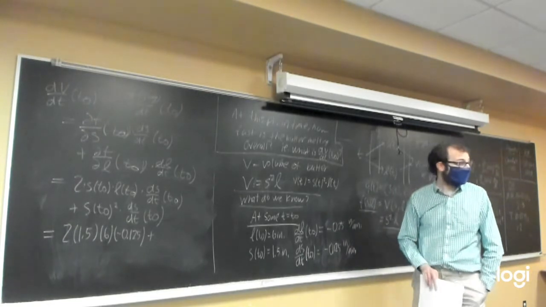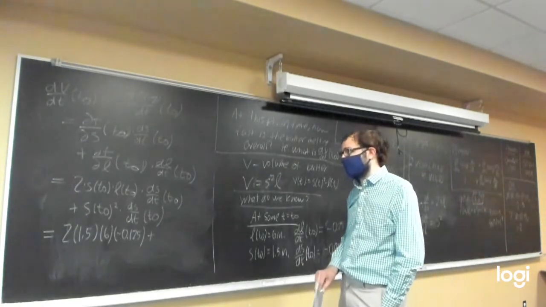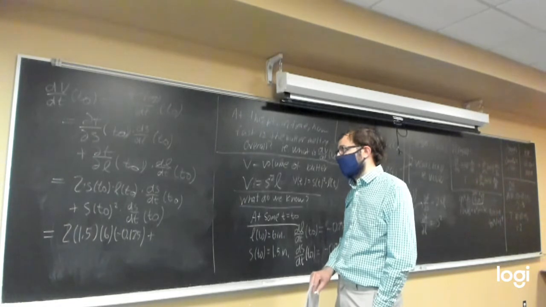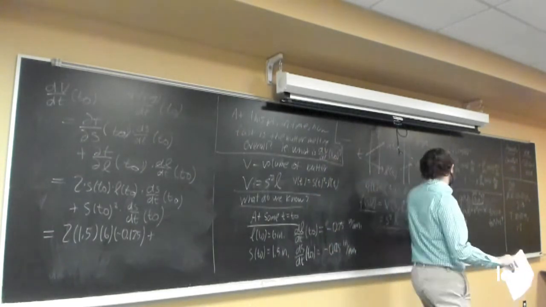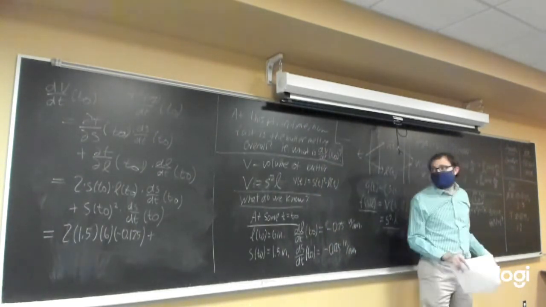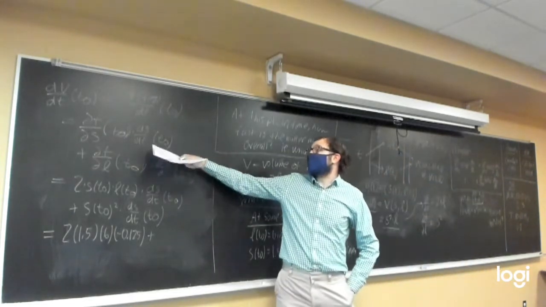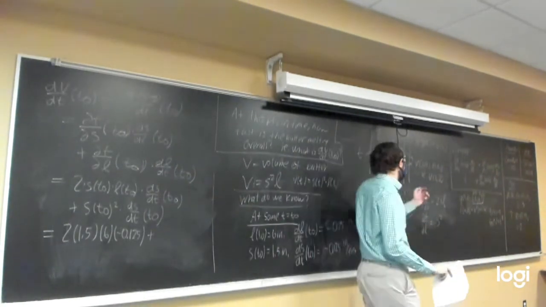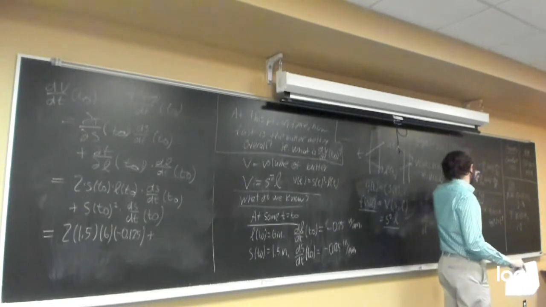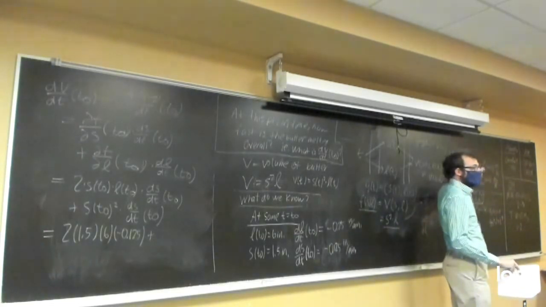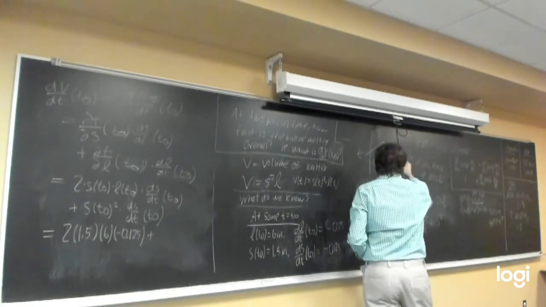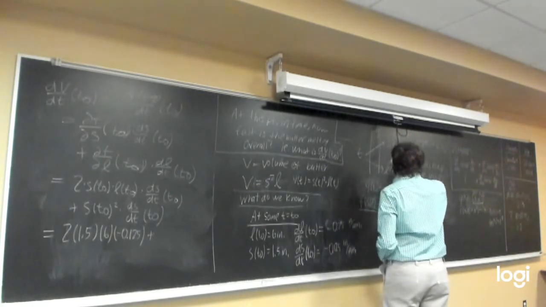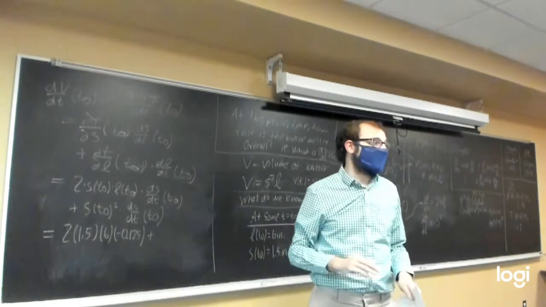Katie, any ideas? Right now I'm stuck on why both expressions are dotted with dsdt. That's just coming from this formula over here. The del f del s times ds dt is just coming from the del f del x1 times dg1 dt. The g1 here you could think of as just s of t, and the g2 of t you could think of as just the L of t.